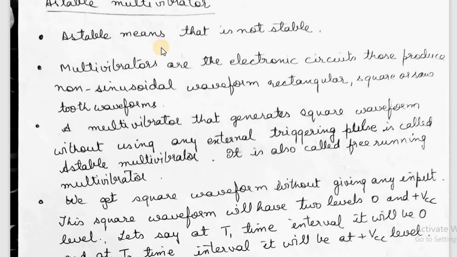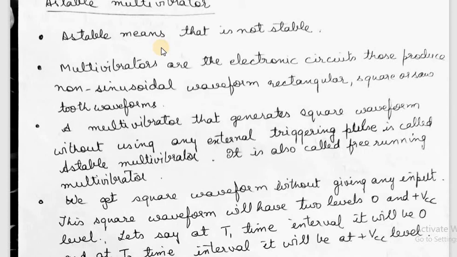We get square wave continuously depending upon its time period. Now monostable multivibrators are again non-sinusoidal oscillators that produce square wave, but they have one stable state and one state is quasi-stable.